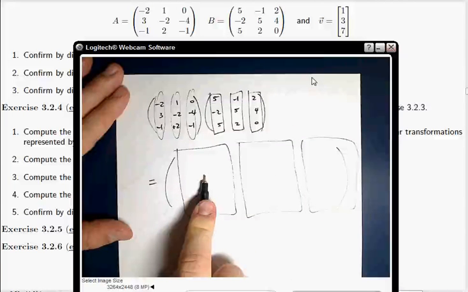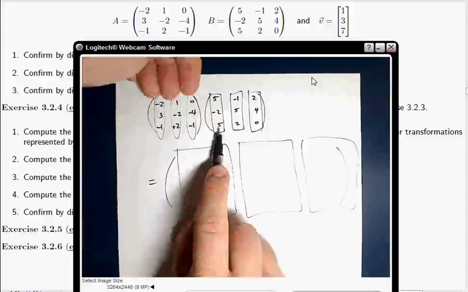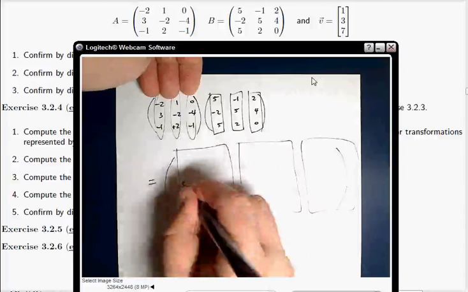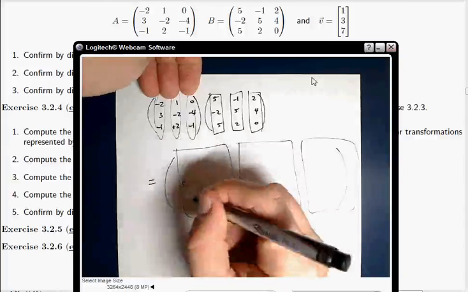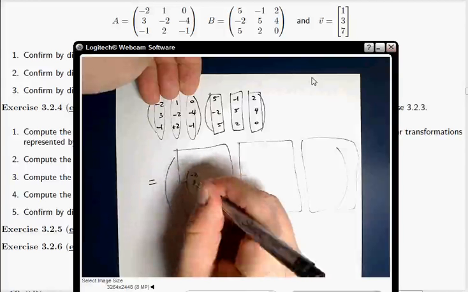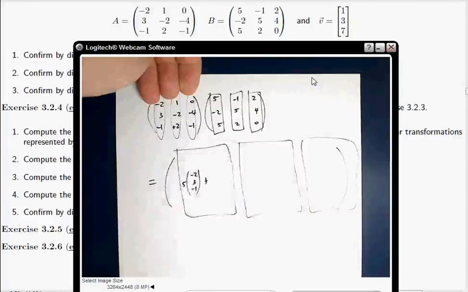So this first column is going to be a linear combination of these 3 columns, and I'm going to use this column as my coefficients. So I'm going to take 5 times that column, negative 2, 3, negative 1. This is by using interpretation 1.